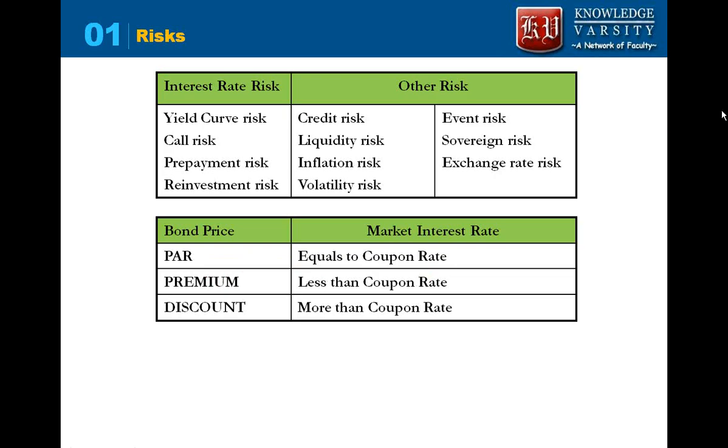So I will just draw the bond price diagram. This is the bond price on the y-axis. On the x-axis you have the yield. So there is an inverse relationship. This yield is the market rate.